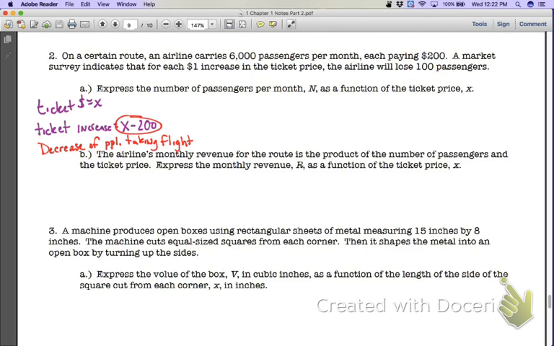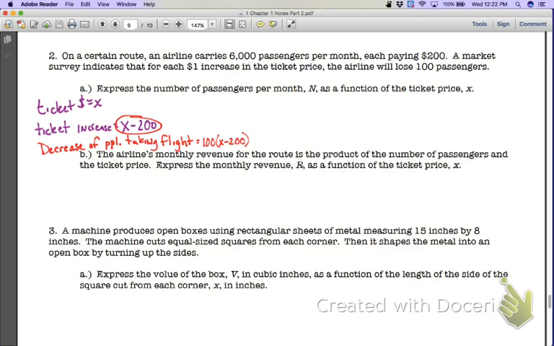Minus 100 for every $1 that they go up, right? So it's going to be 100 for every X minus 200 that we have. Because if it goes up to $201, how many people are they going to lose? 100 people. Not $100, excuse me.